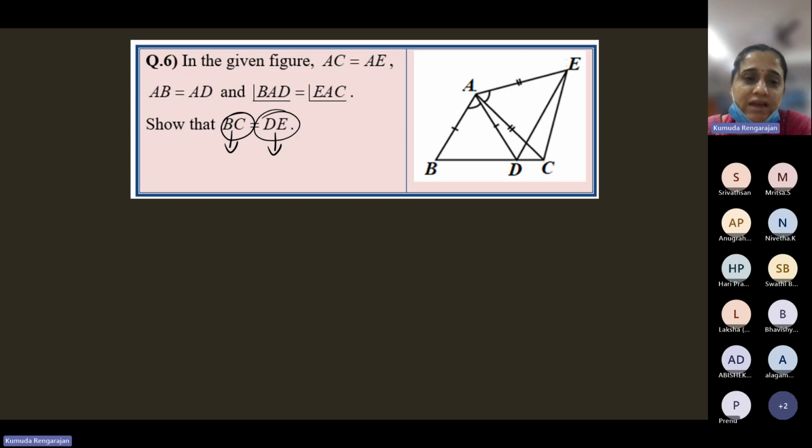And try to include the information regarding the equalities given. The triangles you choose must also have the information which is given to you, because you need information to show that the triangles are congruent. So make sure you select triangles so that you have this information in them.